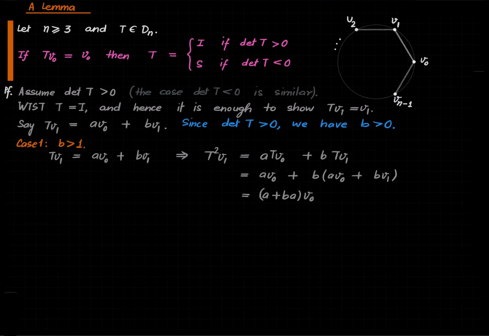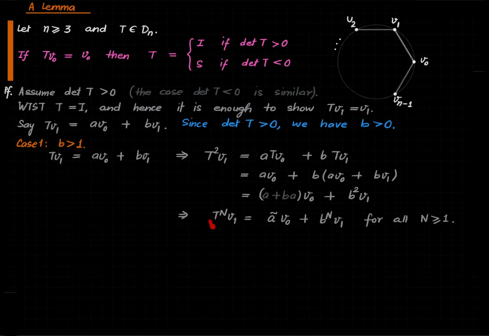That is not very relevant. Plus B square V1. That is the relevant part. So don't read too much into this. This is some garbage. So if you just keep iterating by T, you will see that T to the power capital N V1 is some A tilde times V0 plus B to the N V1, for some A tilde. A tilde is just some real number.